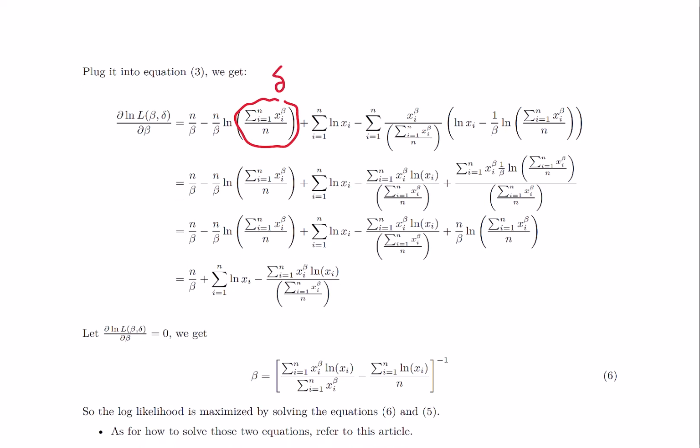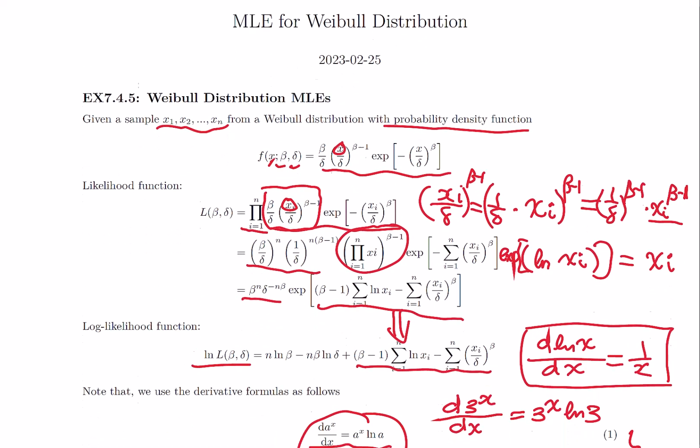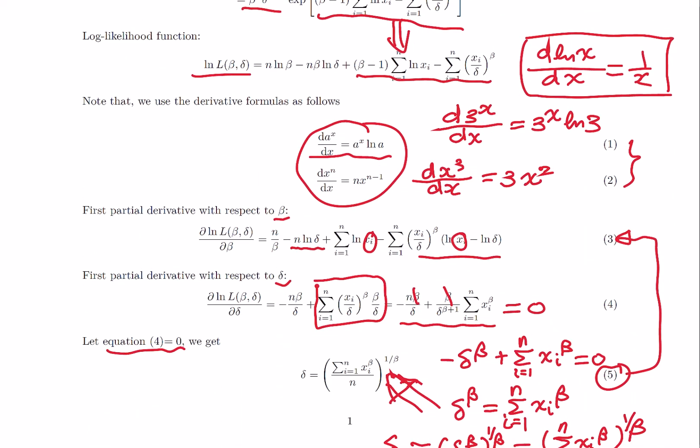Of course, delta equals the sum of xi to the beta divided by n, to the power 1 over beta, right? That's exactly what we'll get right here for delta.